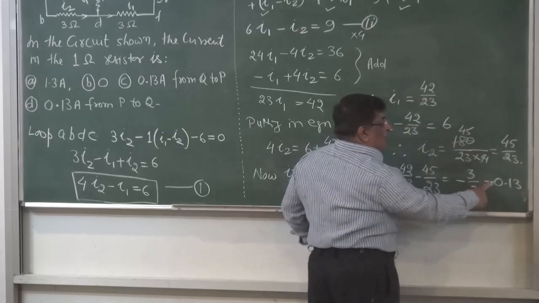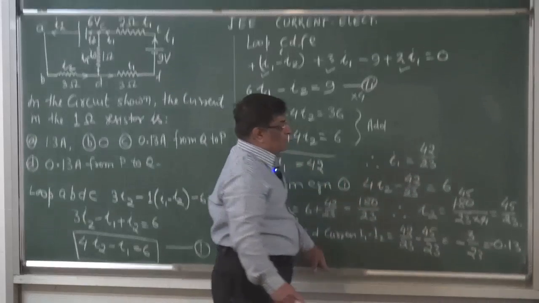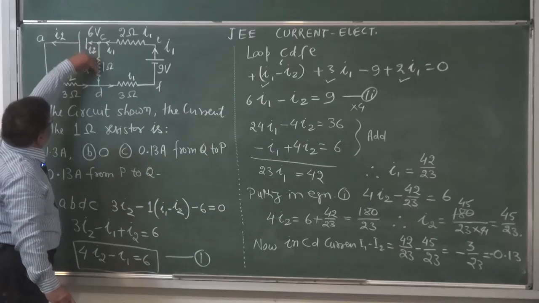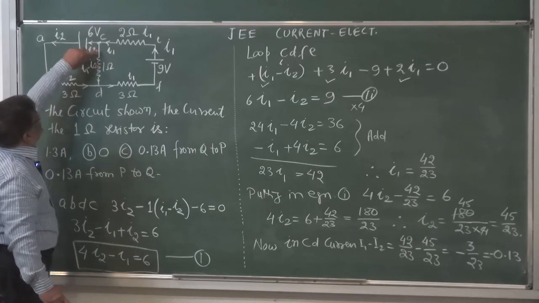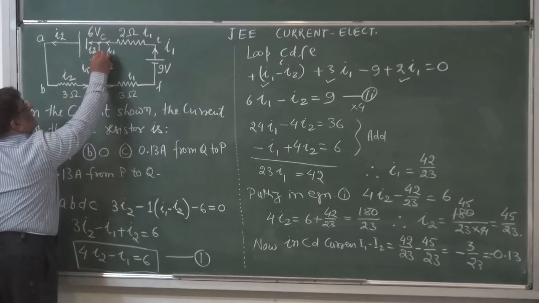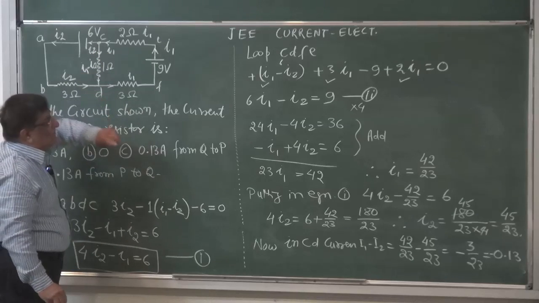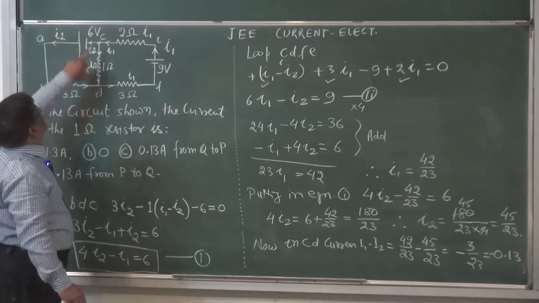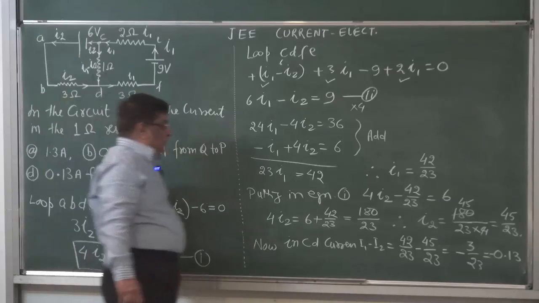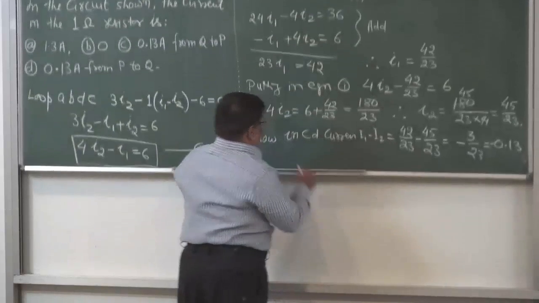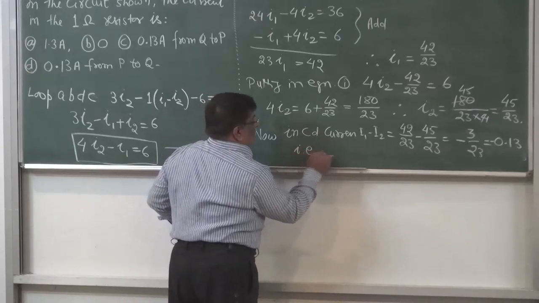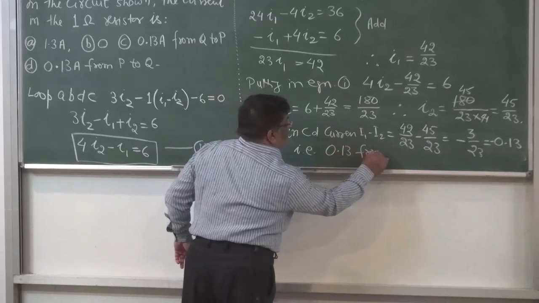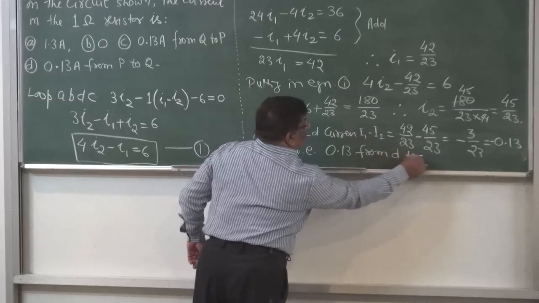The negative sign here shows what? Negative sign means I have taken this direction as positive, but the answer has come to negative. That means the actual direction of current is from D to C. So we have 0.13 from D to C.